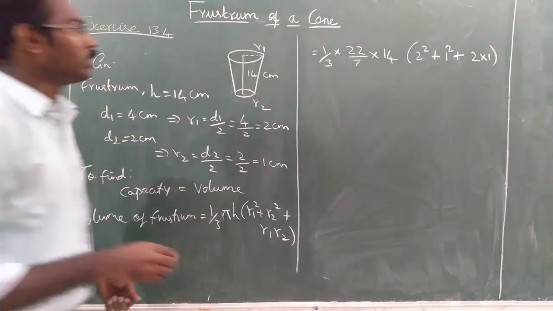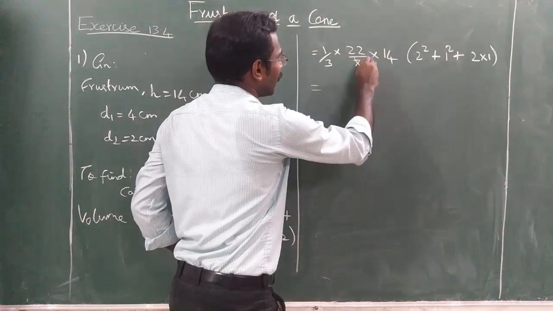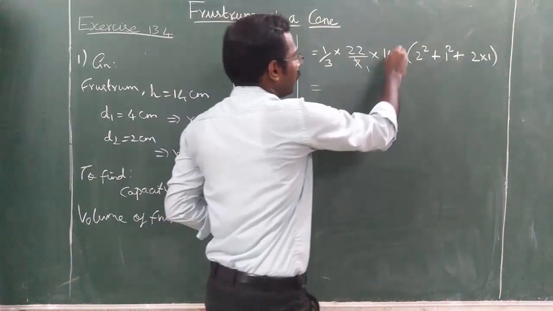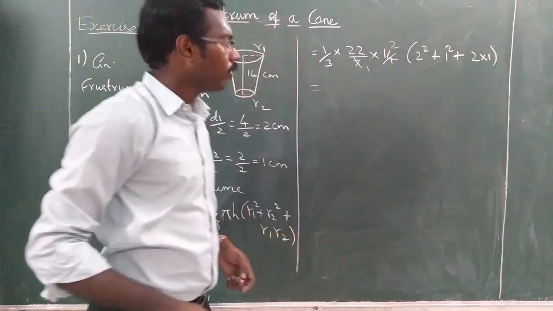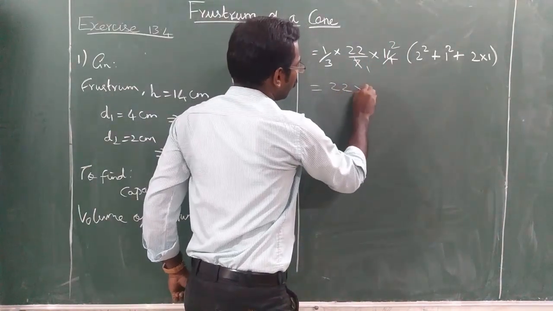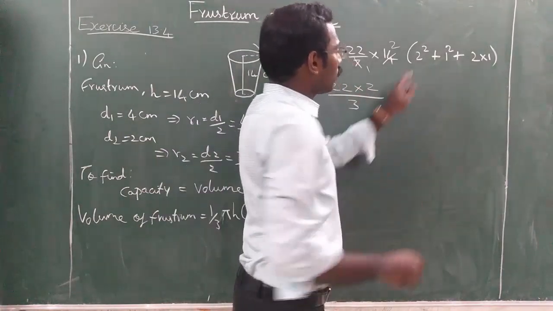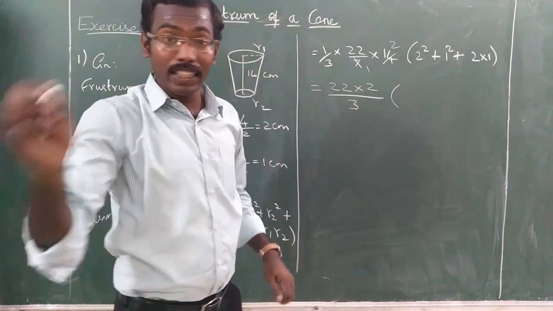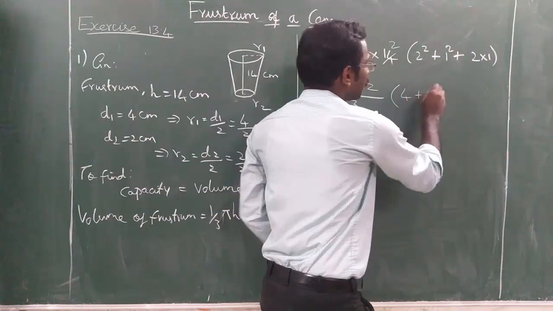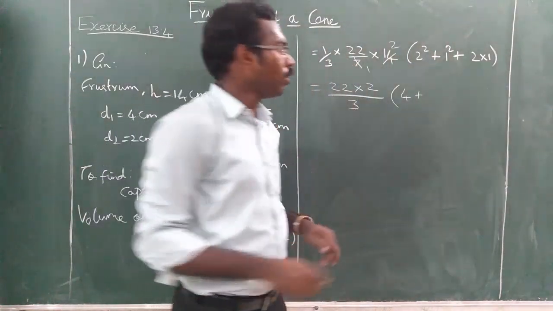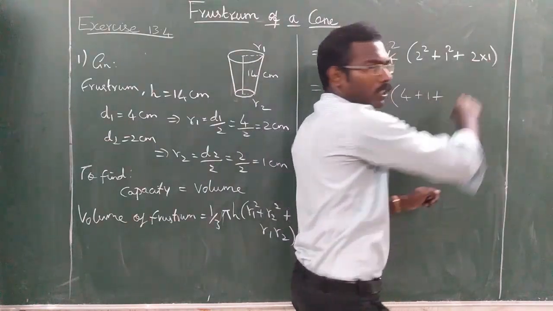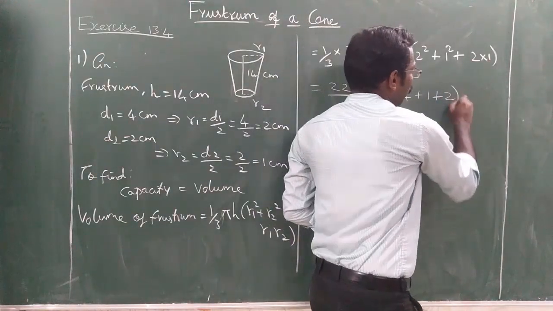Now that is equal to, let us cancel this. 1 7 is 7. 2 7s are 14. So 22 into 2 divided by 3 into 2 square. 2 square is 2 into 2, that is 4, plus 1 square. 1 square is 1, plus 2 into 1, 2 into 1 is 2.